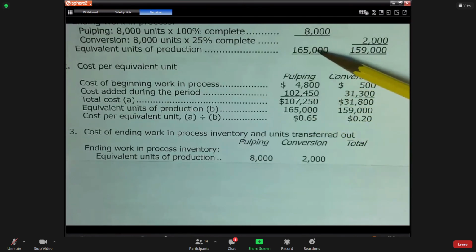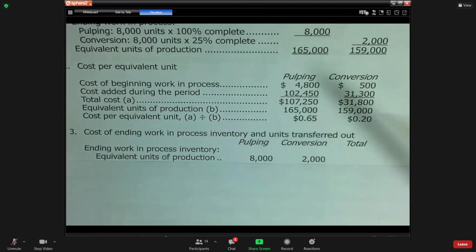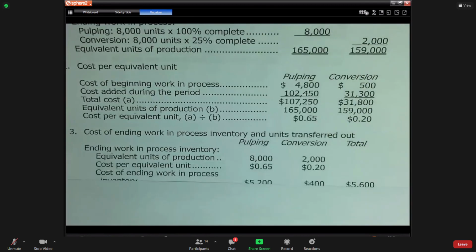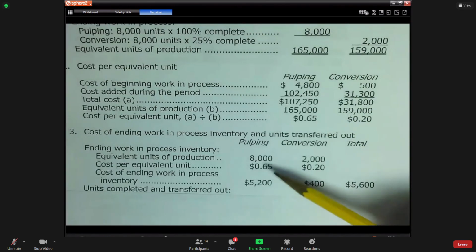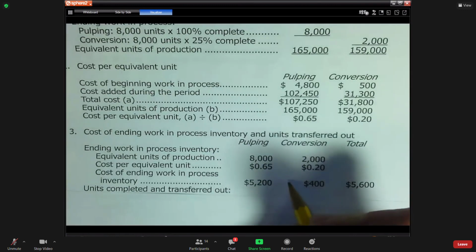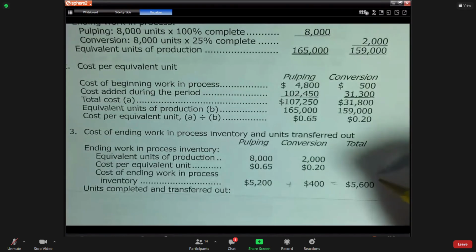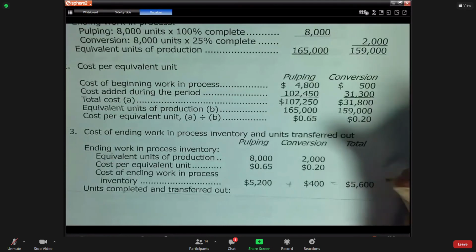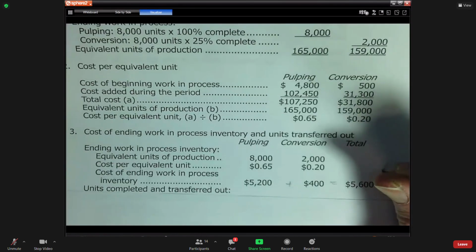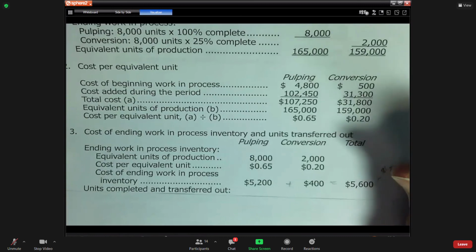Now we're using the equivalent units in ending work in process for pulping and conversion. And now we're going to multiply it by the cost per unit. That's second grade or third grade multiplication. And then you add those two together, and that gives you your total costs in your ending work in process.